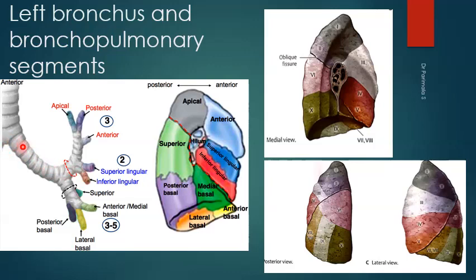If you see the direction, it passes upwards and laterally for about 1 centimeter, and then divides into ascending and descending branches. The left main bronchus divides into an ascending and a descending branch.